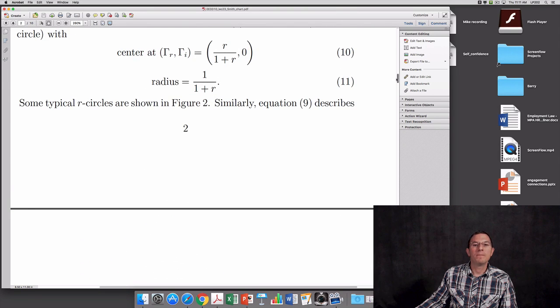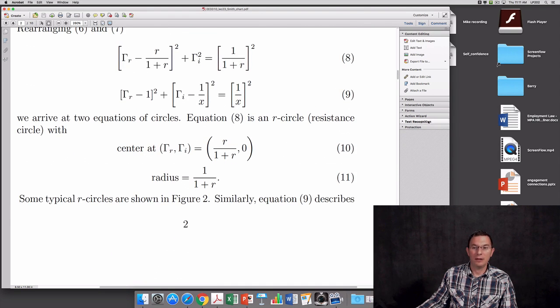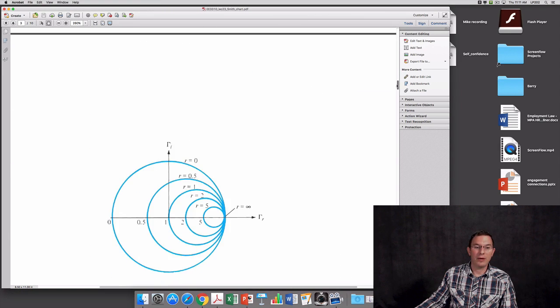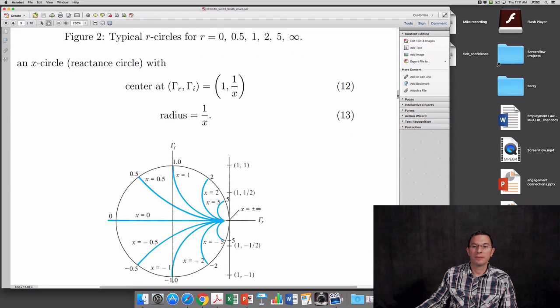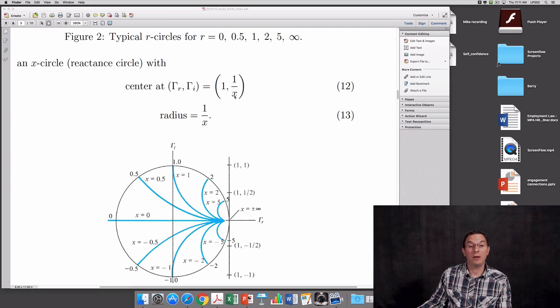Now similarly, equation 9, this equation right here, describes what's called a reactance circle, and it has a center at x equals 1 along the x-axis here, and then along the y-axis at 1 over the normalized reactance, and has a radius of 1 over the normalized reactance.